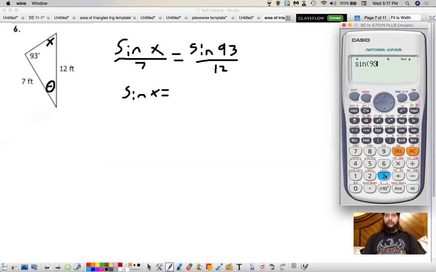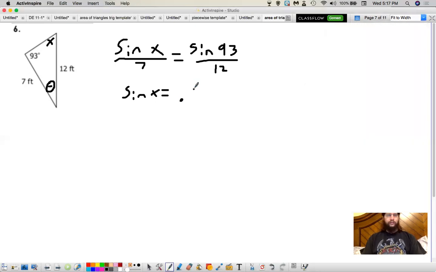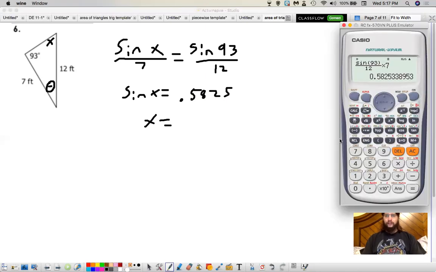Sine of 93 over 12 times 7. Let's multiply both sides by 7. That'll get us this decimal. Don't really care about it, but I'll write it down anyway. 0.5825. What I really need is x. It's going to be the sine inverse of that answer.